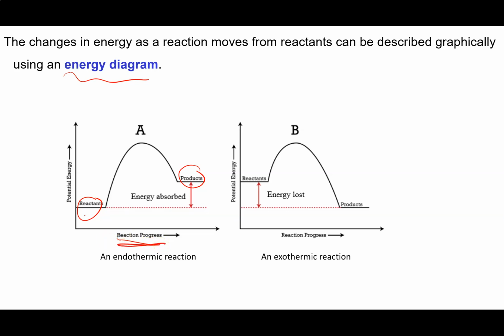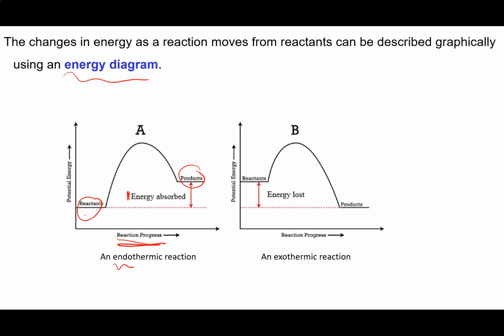We're moving from reactants to products. And on the y-axis, we have the energy changes that are occurring. You can see in this case, the products lie higher in energy than the reactants. So that means that energy was absorbed, and this must be an endothermic process.